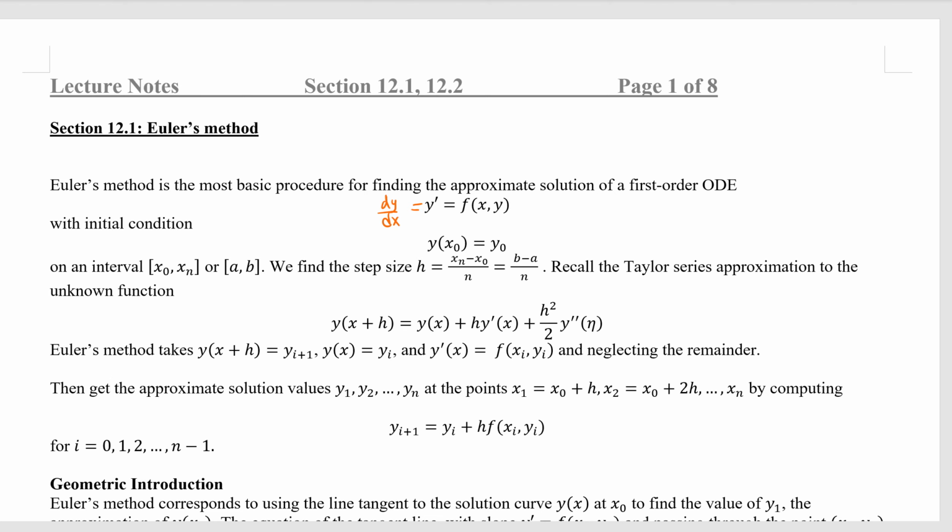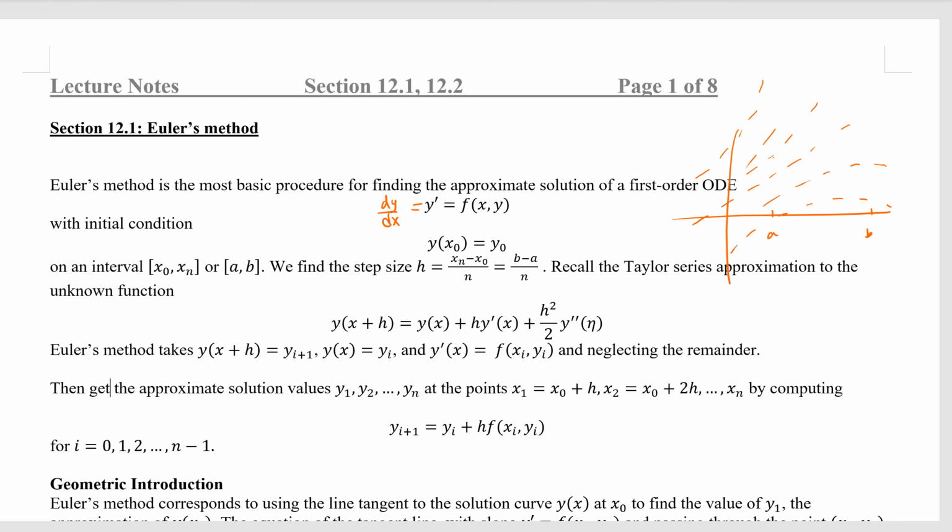Okay, so for example, if we want to draw a picture here, so we have a and here we have b. Here the differential equation actually gives us a slope field. Maybe it looks like that. This is the slope field.